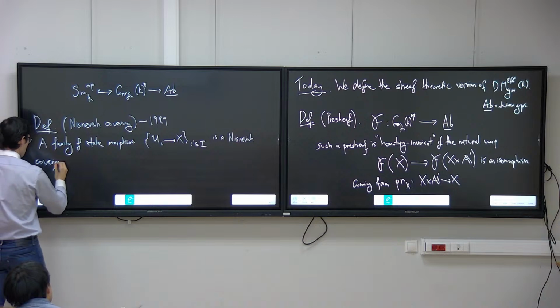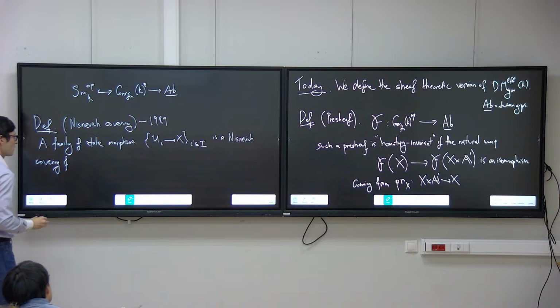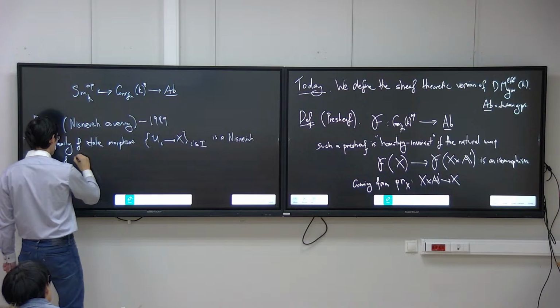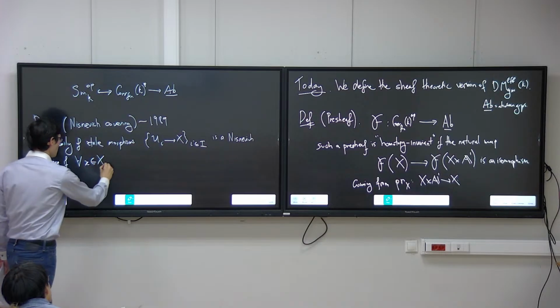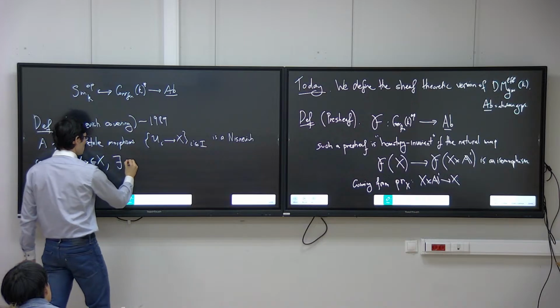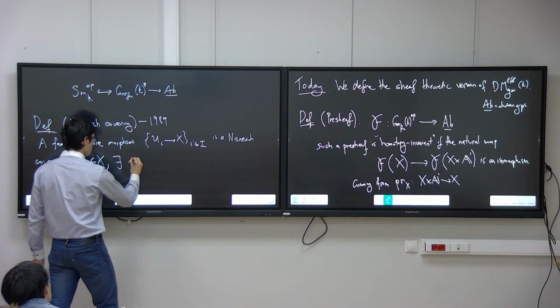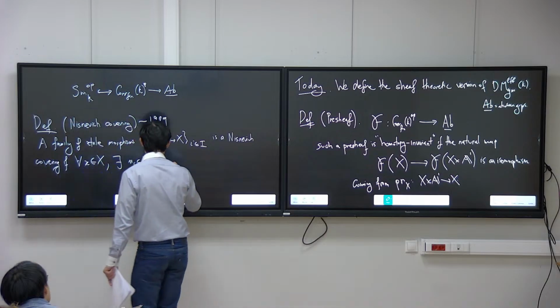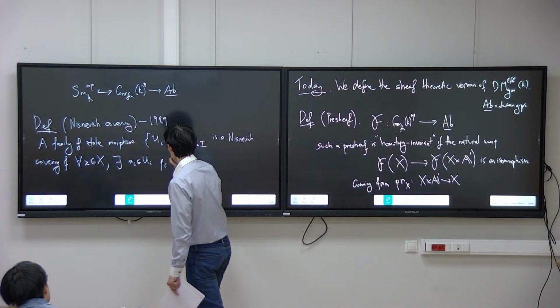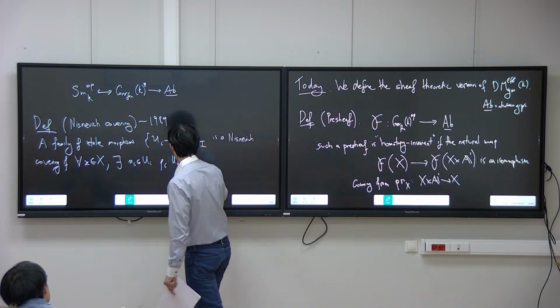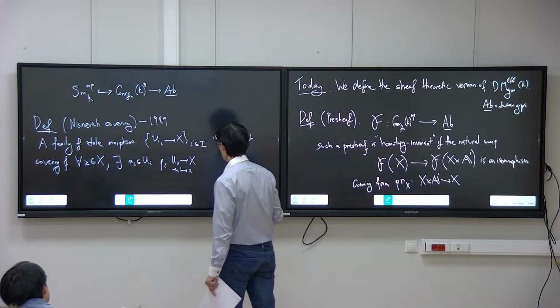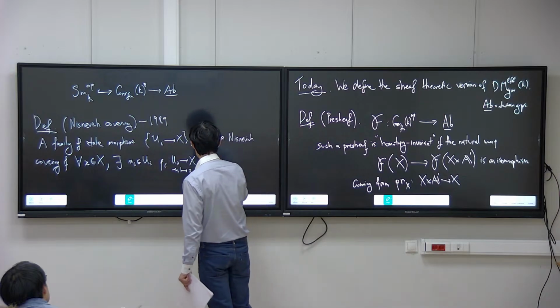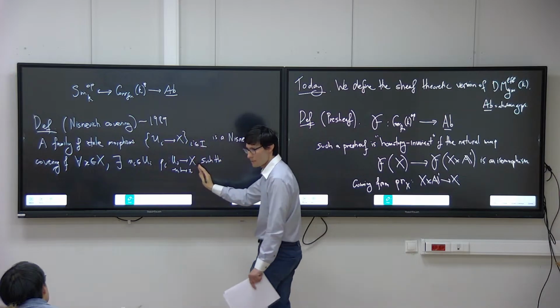So if for all points x in X, there exists some point u_i in some U_i. So we pick out this π: U_i to X, mapping u_i to little x, such that at this point it's just an Étale covering.